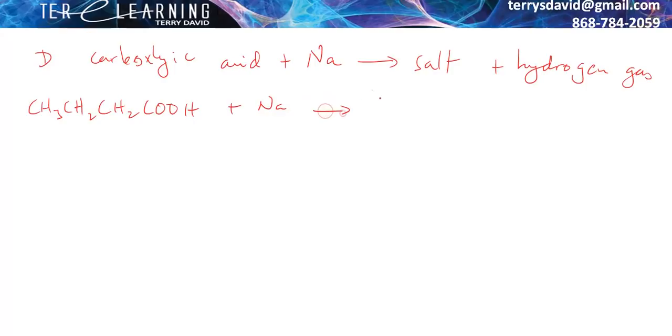You're going to get a sodium salt, so it's CH3, CH2, CH2, COONa plus H2 gas, right? Hydrogen gas. So all you need to do is to put a 2 here, a 2 here, and a 2 here, and the equation is balanced, right?